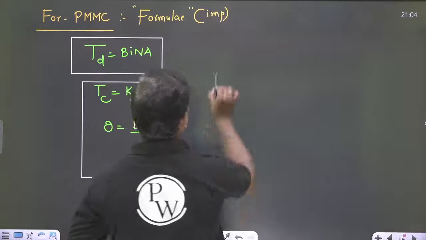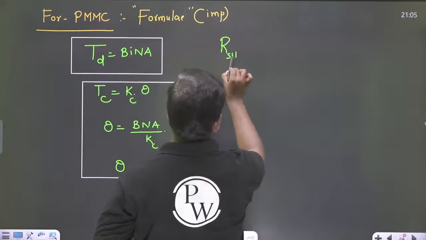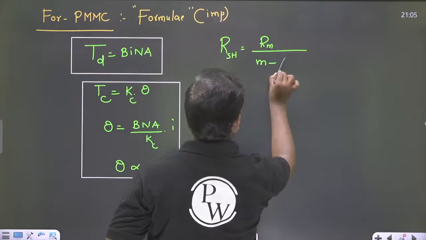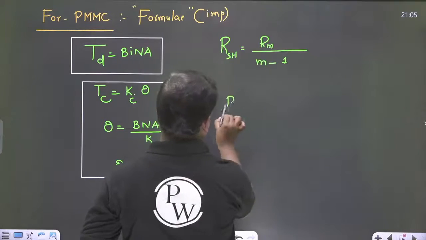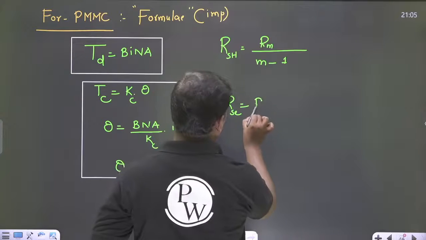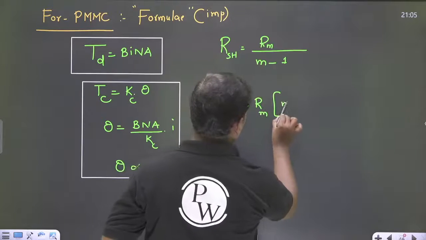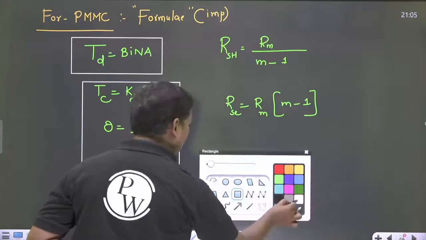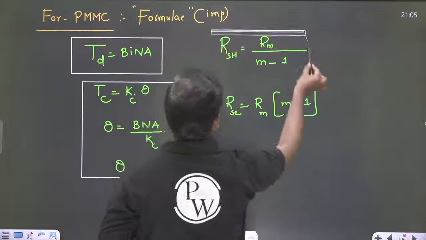Next, the shunt resistance can be taken as Rm by M minus 1. Series resistance can be taken as Rm into M minus 1. Please make a note of this.